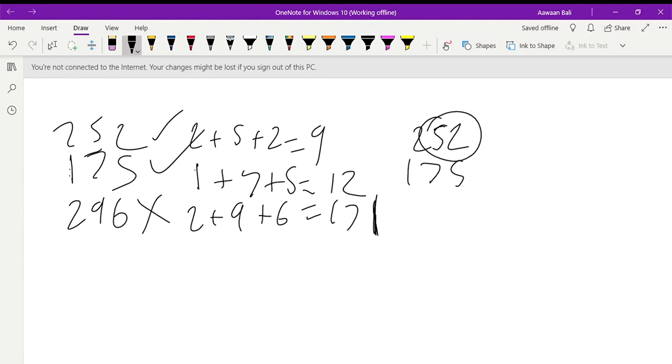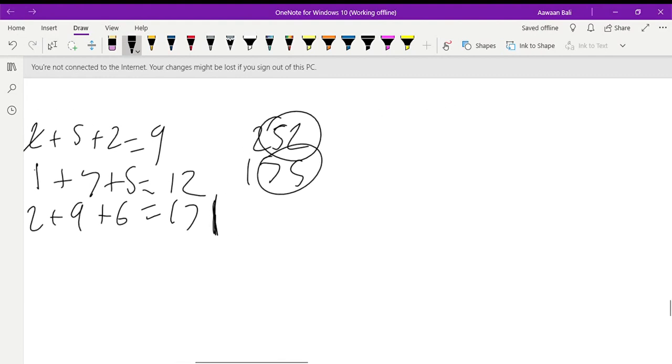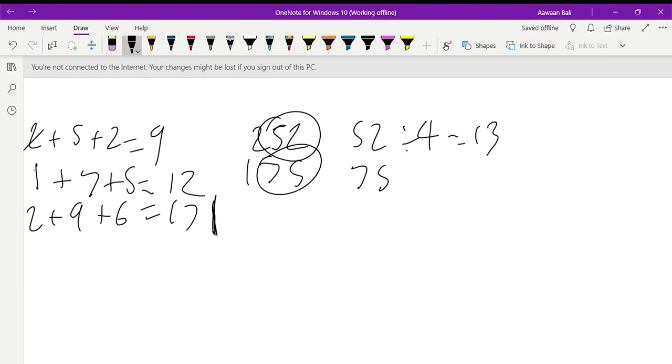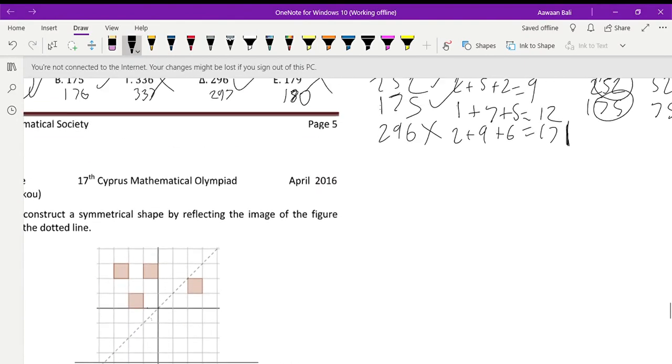If the last two digits are divisible by 4, then the number is divisible by 4. So 52 divided by 4 is 13. And now 75 divided by 4 has a remainder. It's not divisible. So that means this is wrong and stops. And the answer is 252.